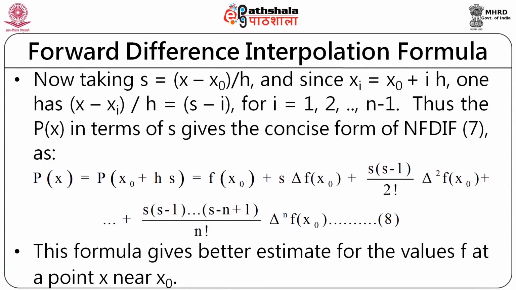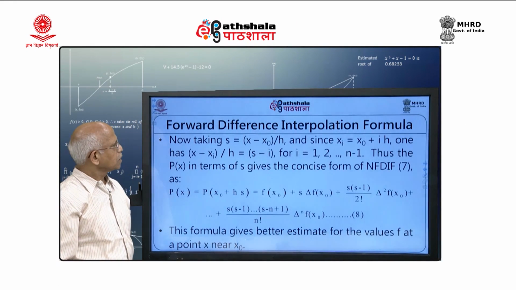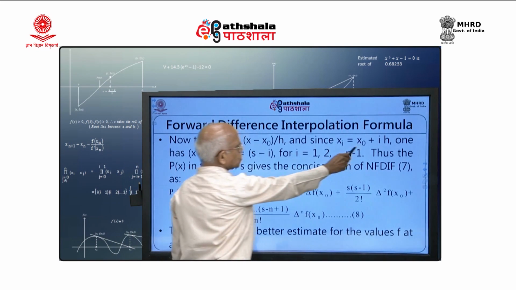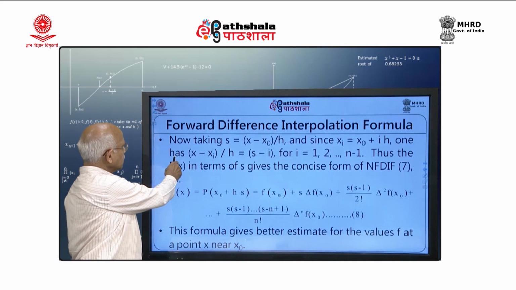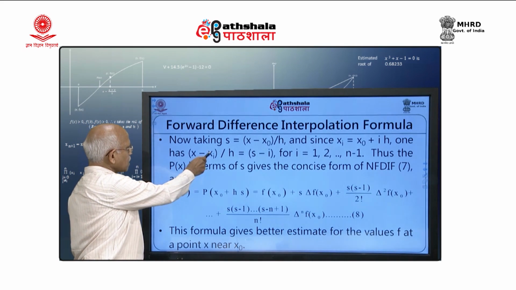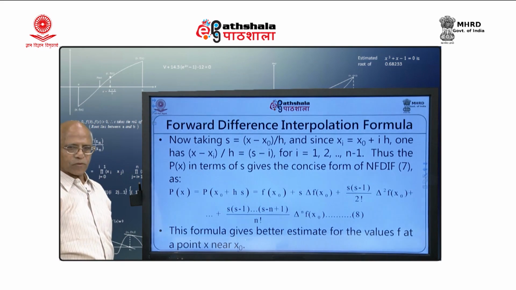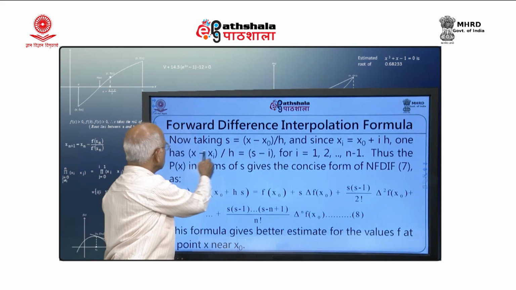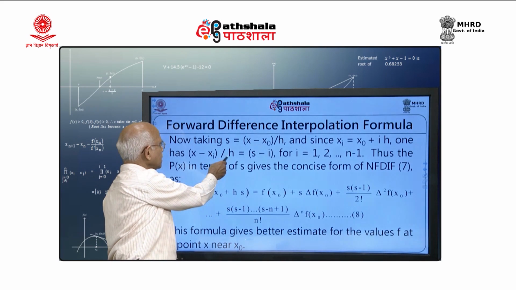So, if I take s as a new variable introduced for x minus x 0 by h, and since x i is equal to x 0 plus i h, one has the clear idea that x minus x i by h will be given by s minus i, because x i is equal to this. So, x 0 will be cancelled and we will be getting i h divided by h, which is s minus i.